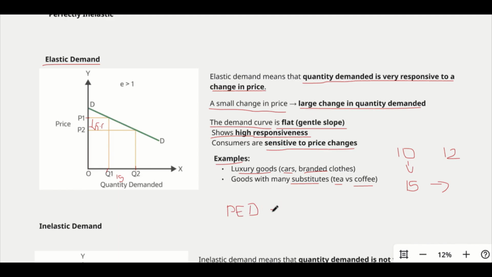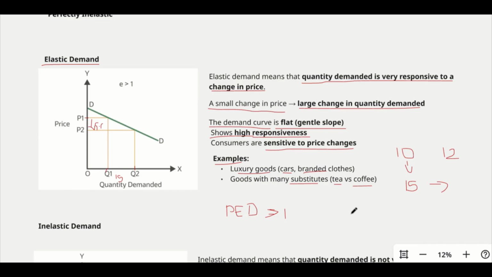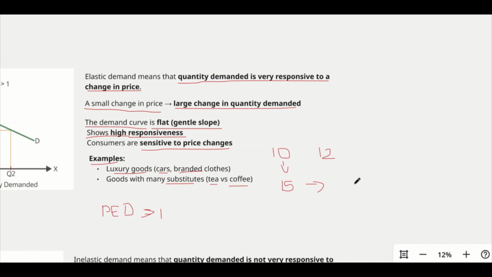For this, what will the price elasticity of demand be? When we calculate it, what will the value be? Any idea? The price elasticity of demand will be greater than 1. How will you know whether it is greater than 1 or less than 1? We'll do the calculation. Let's take the case of tea and coffee.